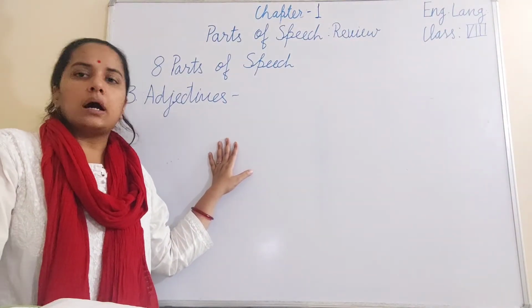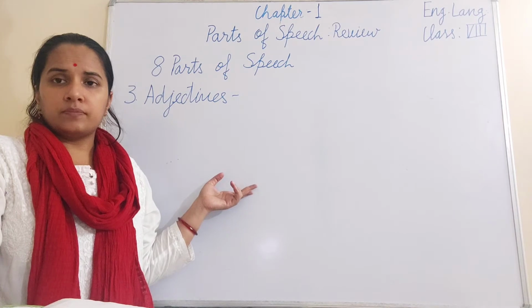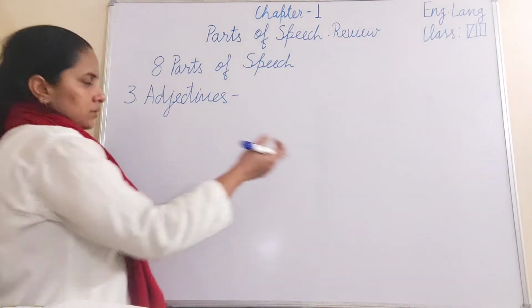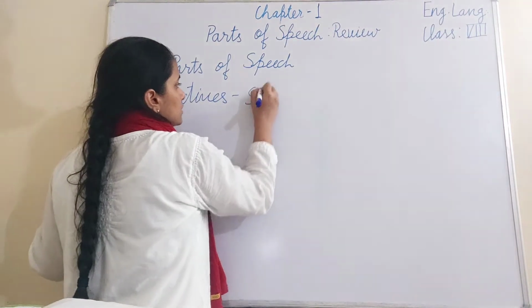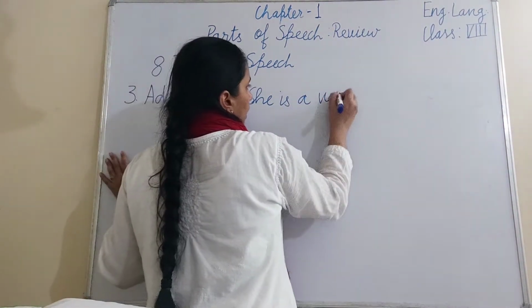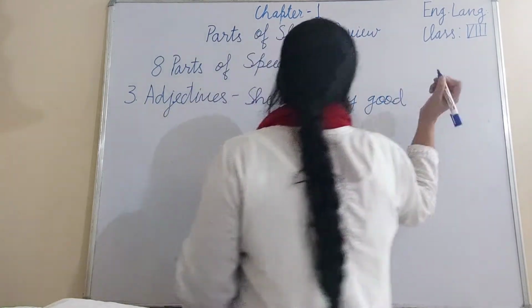Those words are referred to as the adjectives. For example, like the sentence that I wrote, she is a very good girl.